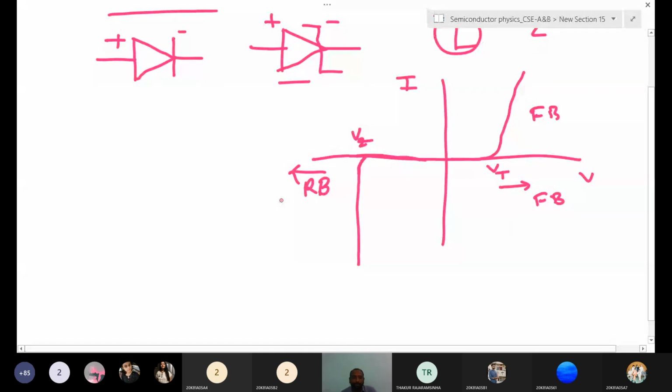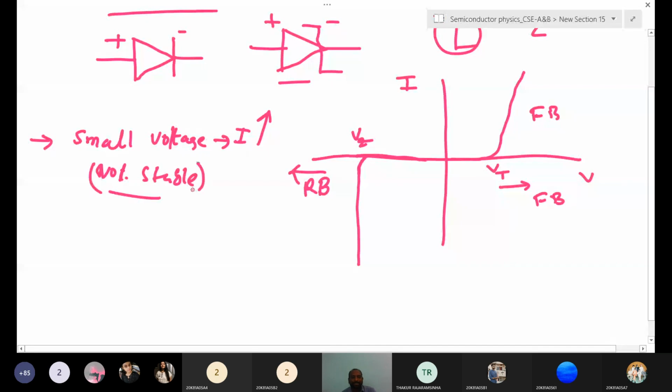The main advantage of this is that for a small change in voltage there is a huge increase in current, so the voltage is almost stable, with very little change. In the reverse bias curve, suppose this is 0 volt, then 1 volt, 2 volt, 3 volt, and after 4 volt it is still increasing rapidly.